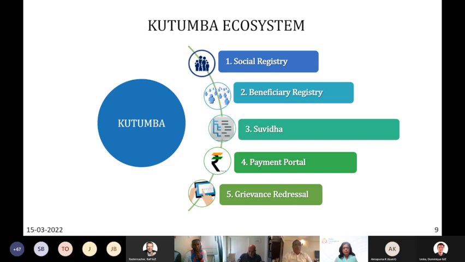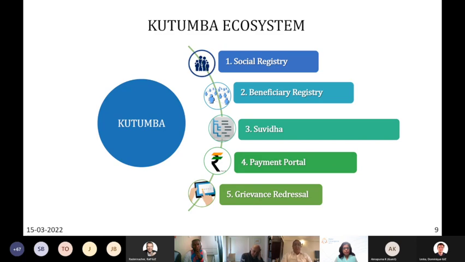Now, these are the components which Anpurna will explain after a little time. We have the social registry, a brilliant registry, automatically updated, largely dynamic. We have a beneficiary registry, which talks about those families out of Kutumba who have got benefits and what all benefits they have got. It helps us because this lets us know whether anybody is usurping the benefits of the government.